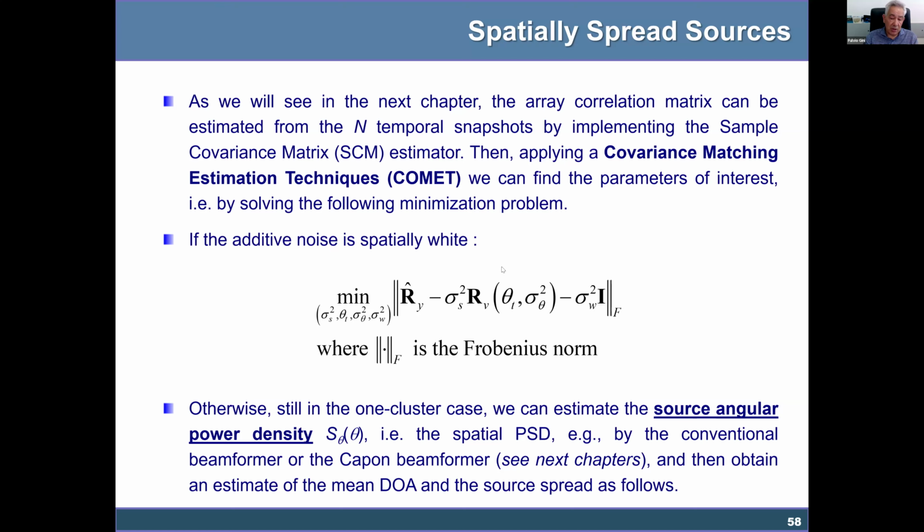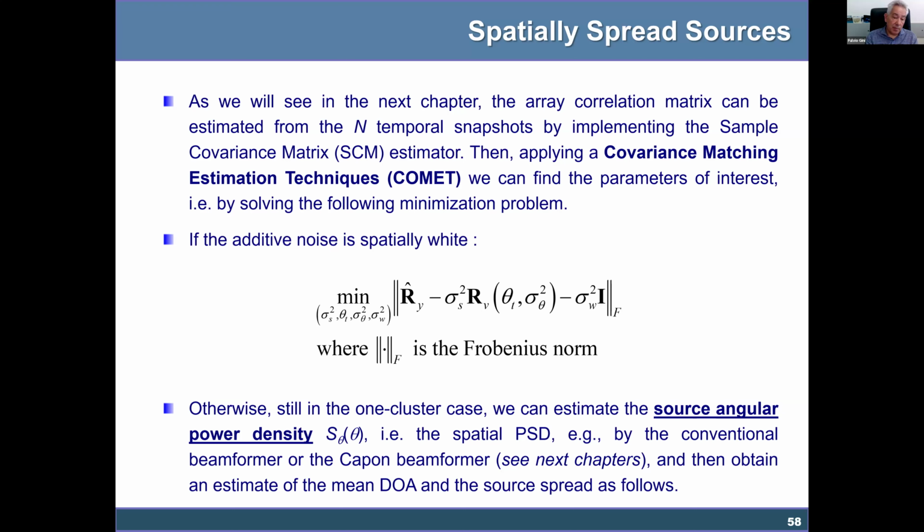minus the parametric model. And the parametric model, if the disturbance is white, depends on 4 parameters that are the power of the source, the barycenter of the source, the spread of the source, and the disturbance power. And so then you calculate the Frobenius norm of the difference, and an estimate of the unknown parameters is obtained by minimizing the distance between the sample covariance matrix and the parametric model.